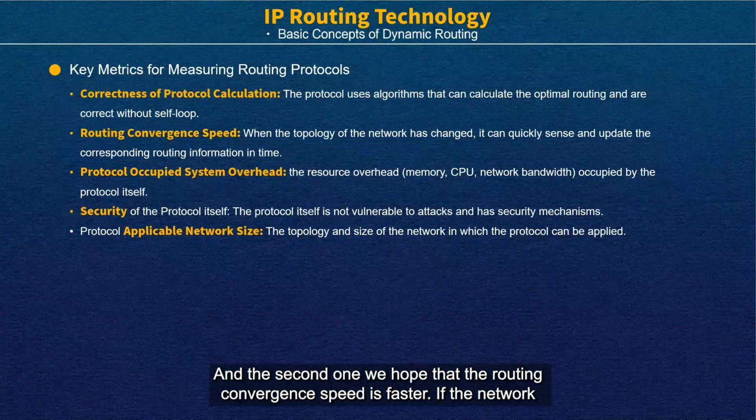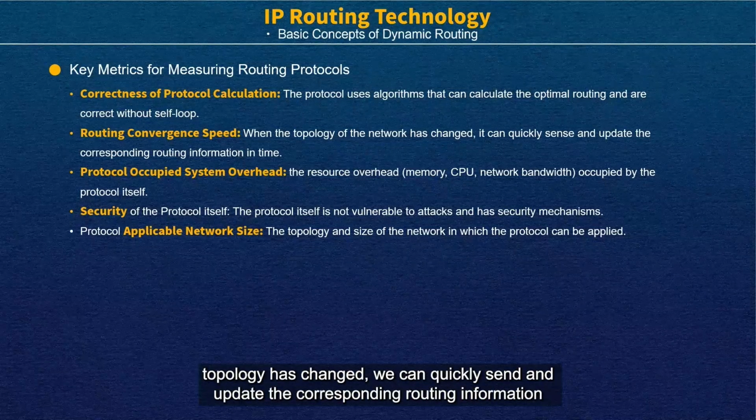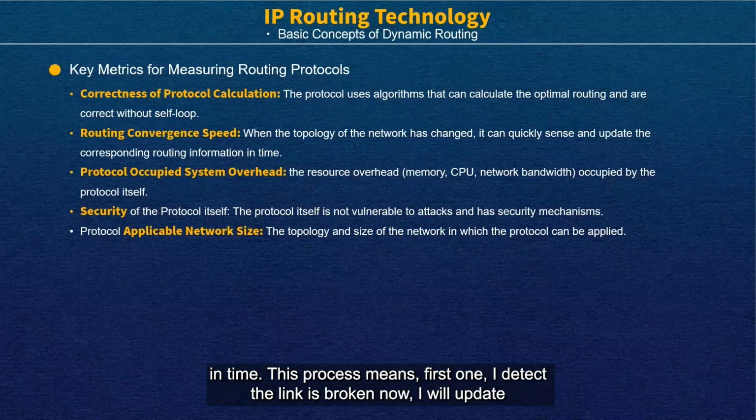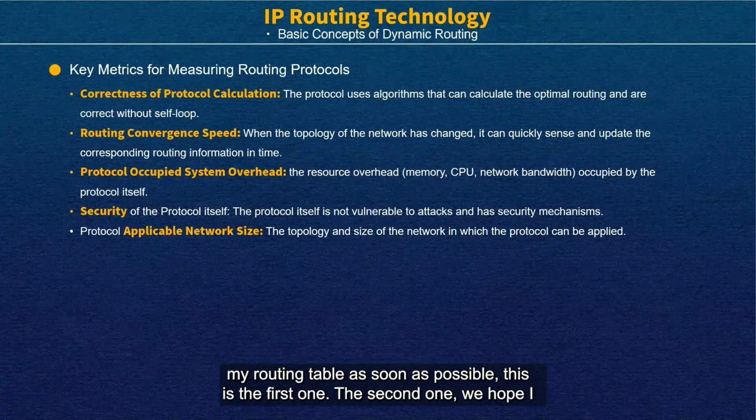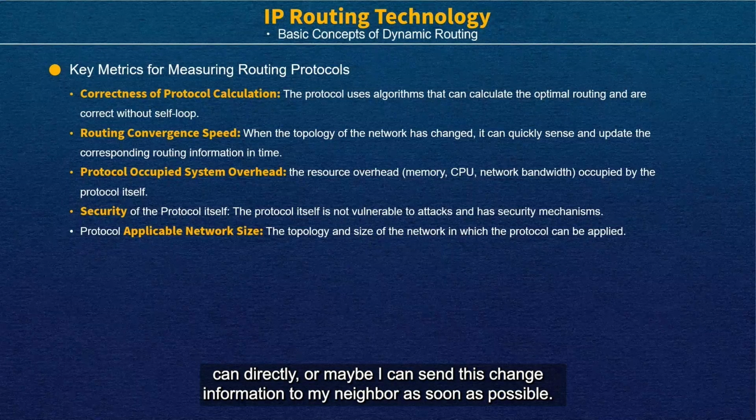And the second one, we hope that the routing convergence speed is faster. If the network topology has changed, we can quickly sense it and update the corresponding routing information in time. This process means, first, I detect that the link is broken. I will update my routing table as soon as possible. The second one, we hope I can send this change information to my neighbor as soon as possible.